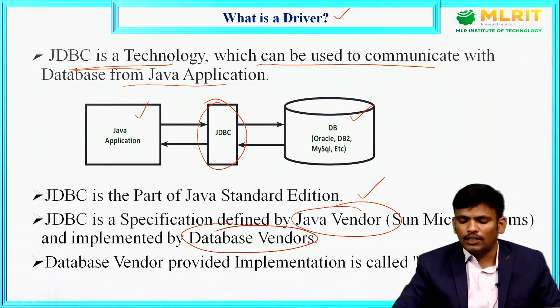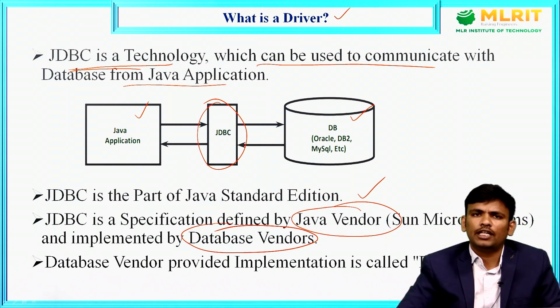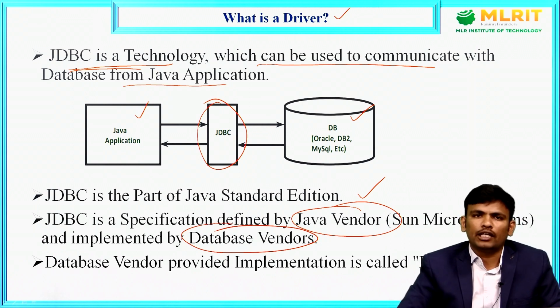JDBC is an API and JDBC is a specification, and these specifications are defined by the Java vendor. Based on this specification, every database vendor, Oracle is a database vendor, or MySQL is a database vendor, or DB2 or Sybase, these are the different kinds of database vendors.